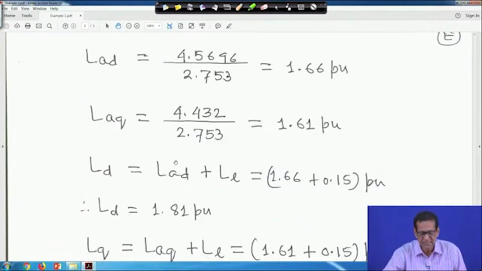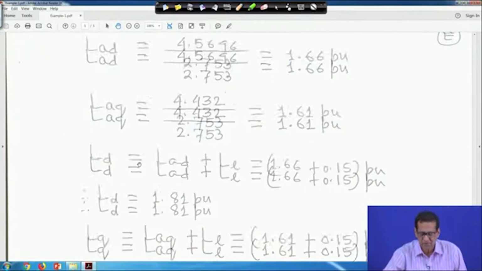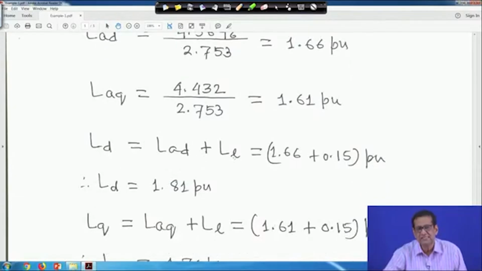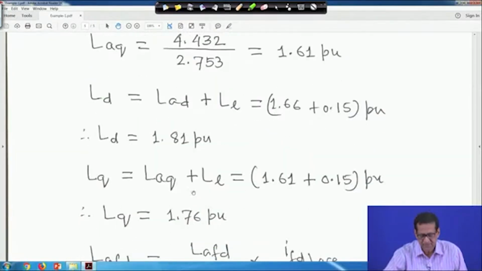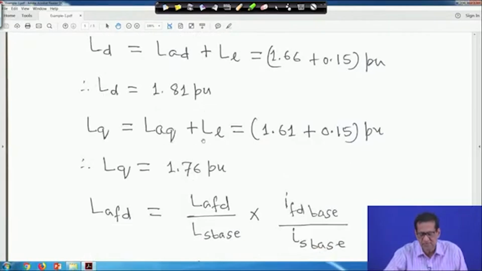Similarly LAQ is 4.432 divided by 2.753, that comes around 1.61 per unit. And we know LD is equal to LAD plus LL, so 1.66 plus 0.15, LD is 1.81 per unit. And LQ is equal to LAQ plus LL, 1.61 plus 0.15, LQ is 1.76 per unit.